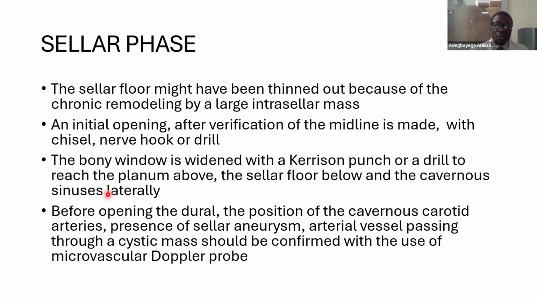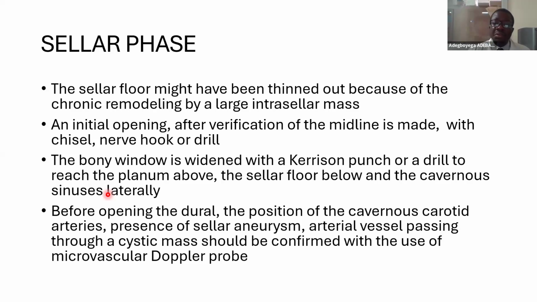Before opening of the dura, one needs to pay attention because the inferior and superior intercavernous sinuses are there. In patients with bigger tumors, these would have been compressed, so the risk of bleeding is reduced. However, in patients with smaller tumors, one needs to pay attention because this could come off as the initial bleeding when entering into the sellar floor.